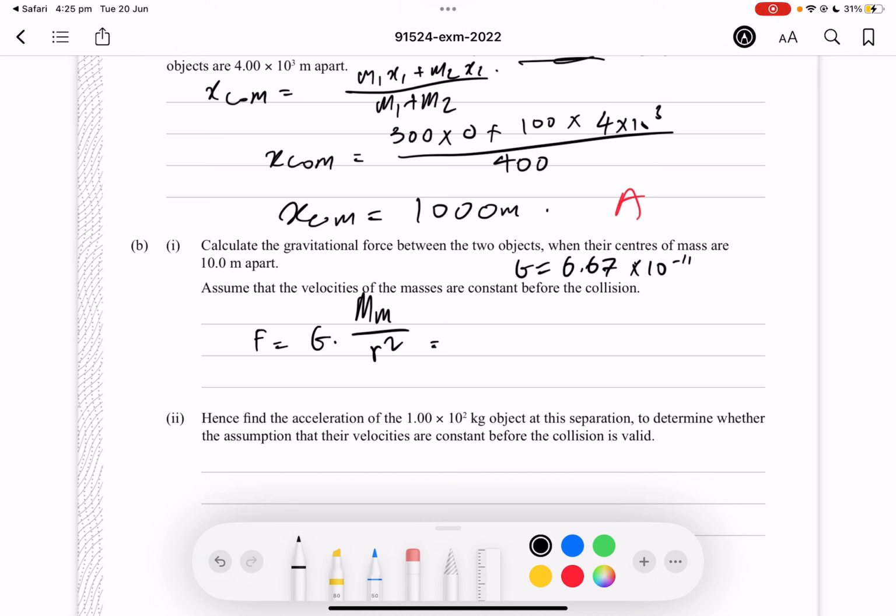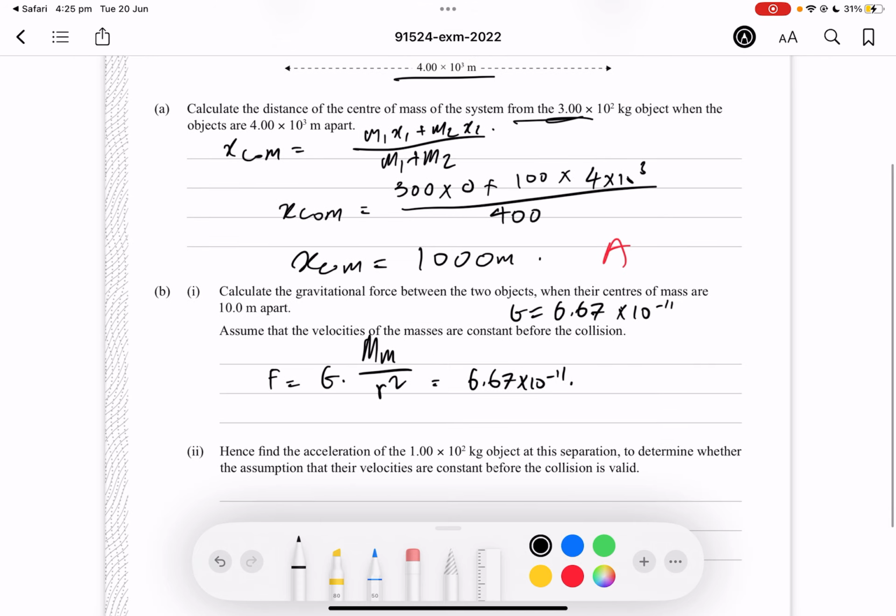So this will be 6.67 times 10 to the power of negative 11 multiplied by the two masses, which is 300 by 100, all divided by the distance between the centers of mass, which in this case is 10 meters, so 10 squared. And this would be equal to 2 times 10 to the power of negative 8 newtons. So that would be the gravitational force between the two objects.